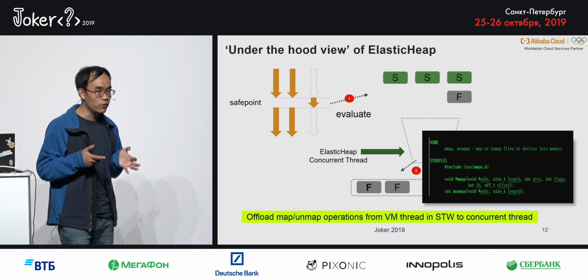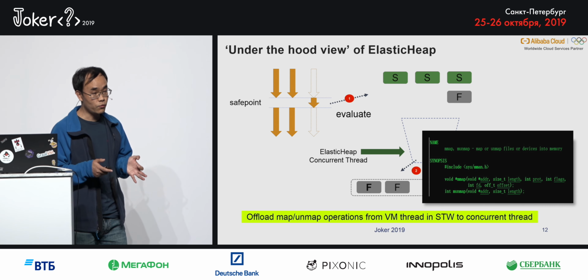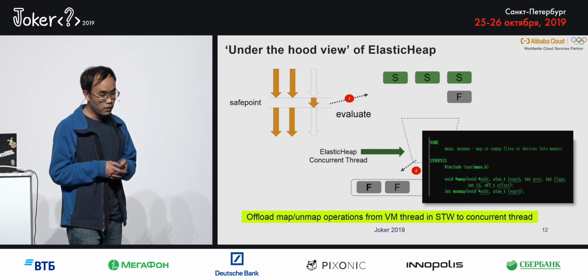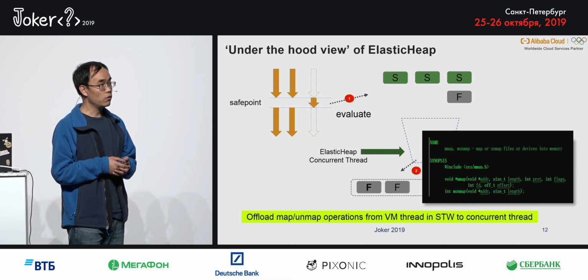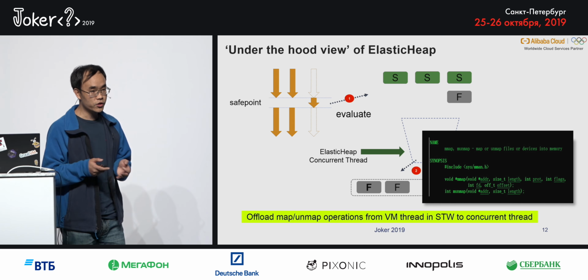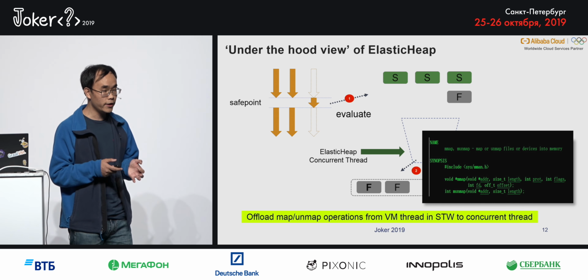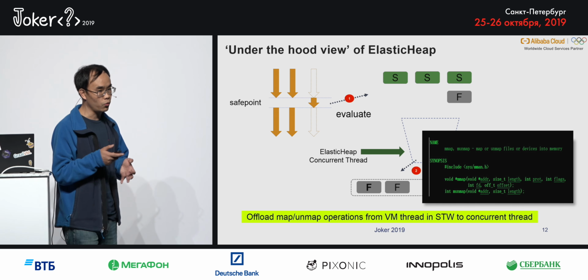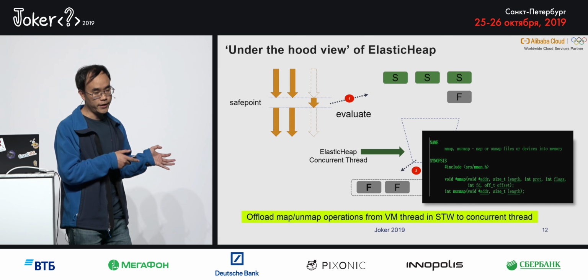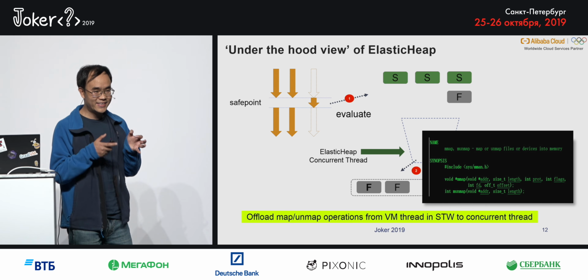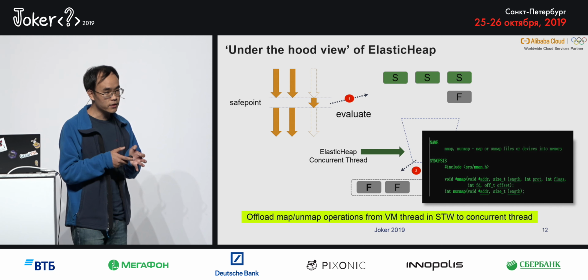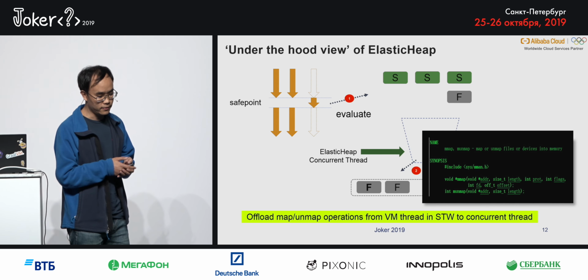So that's why we want to do it in the concurrent thread, not in stop-the-world time. Maybe you think the idea is very simple, but not the implementation. We need to deal with lots of details. For example, in this case, you need to deal with the synchronization between the VM thread and the concurrent thread.